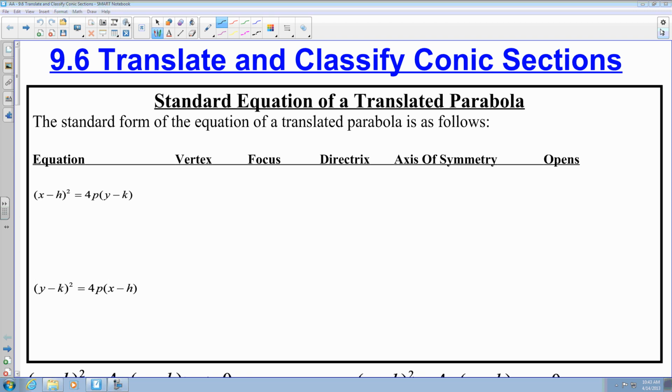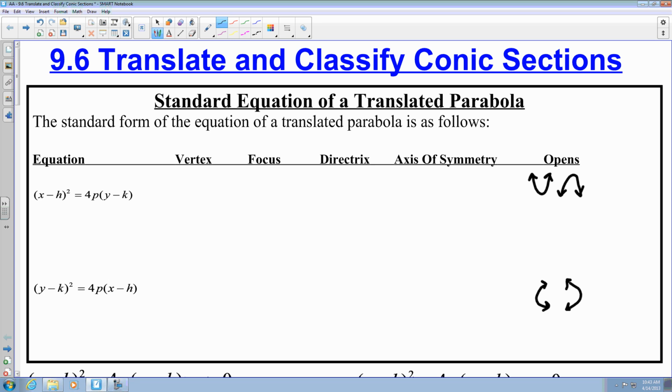That is when our graph is opening either upward or downward, depending on if it's positive or negative. And then the second one is y minus k quantity squared equals 4p times quantity x minus h. This one deals with the parabola either opening to the right like this or to the left.